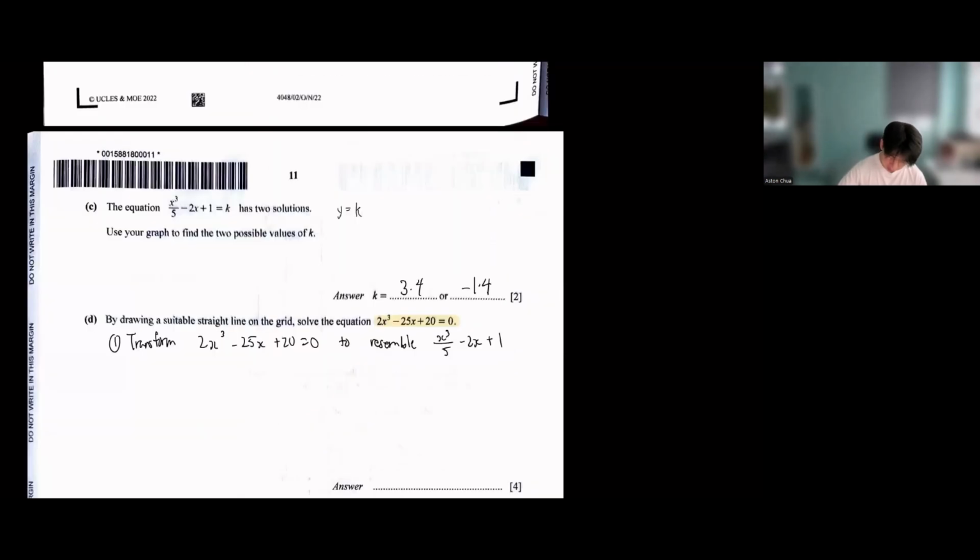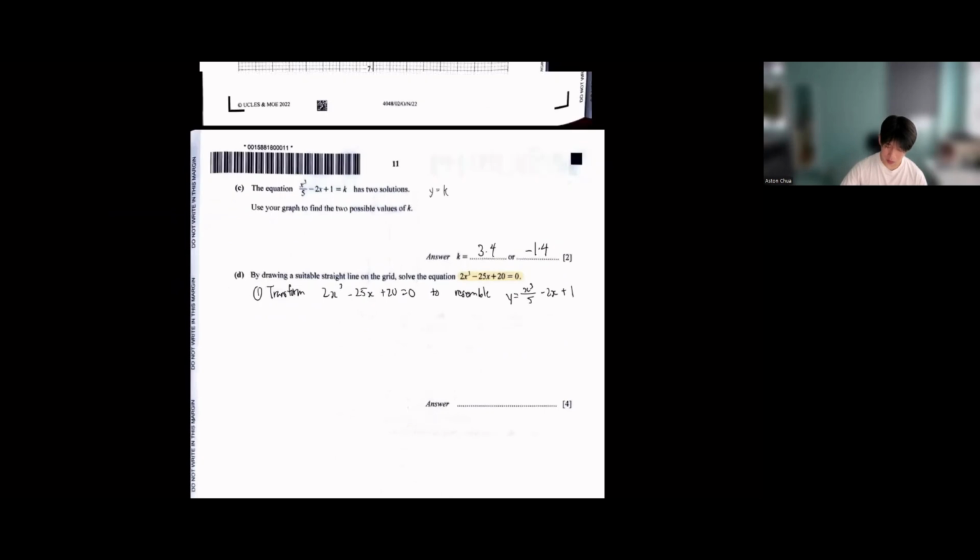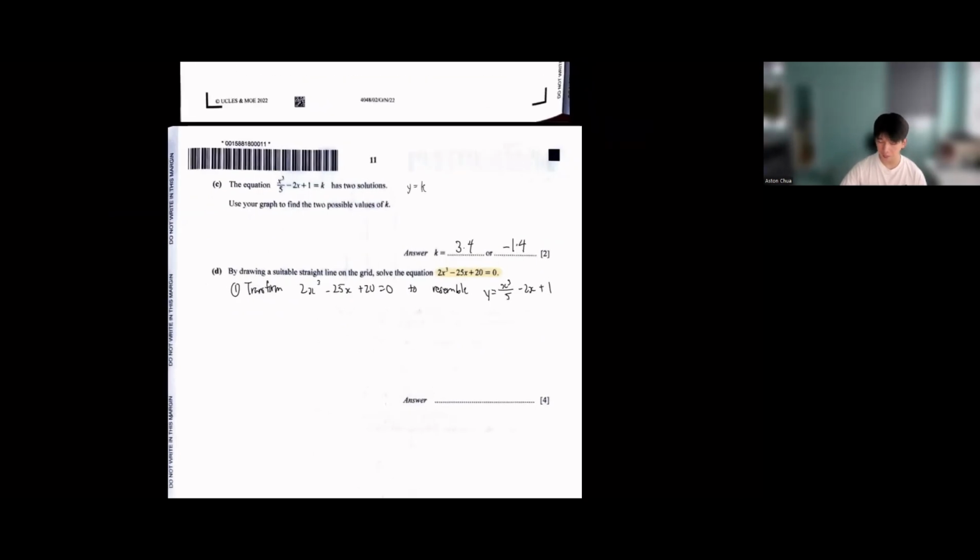We just have to resemble this particular equation. The first step to doing that is to ensure that the x with the highest power has the same coefficient.